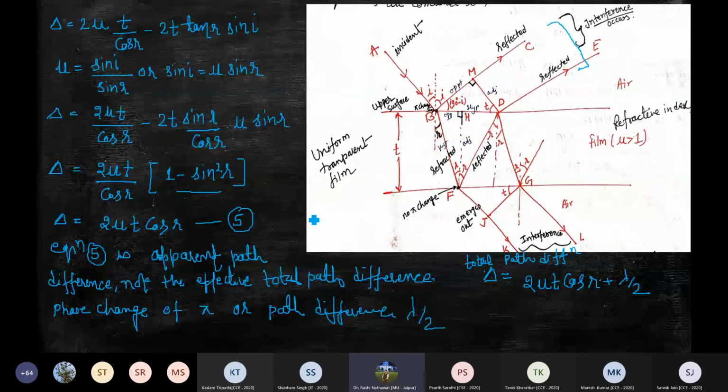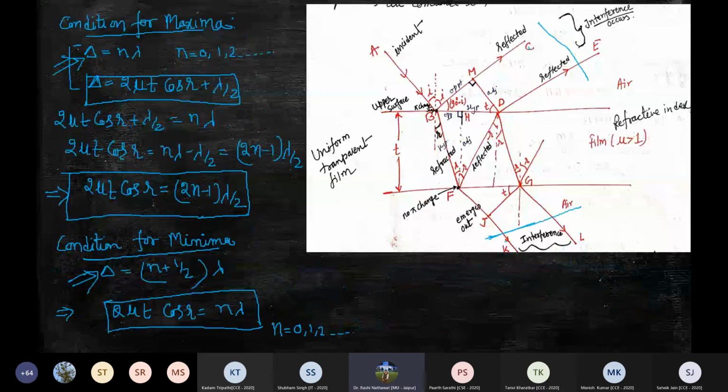Okay, this was my equation number 5. Let me give all the numbering here. This is equation number 6. Condition for maxima, this is 7. Condition for minima, this is 8.